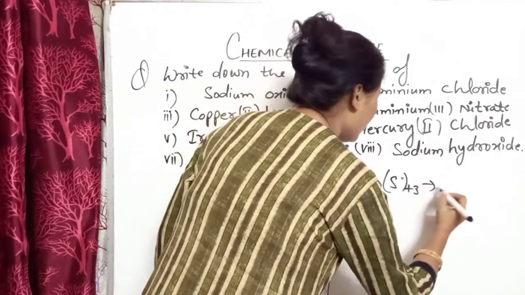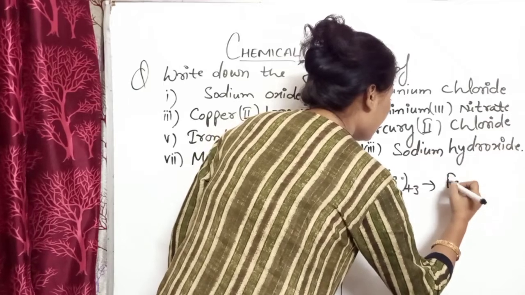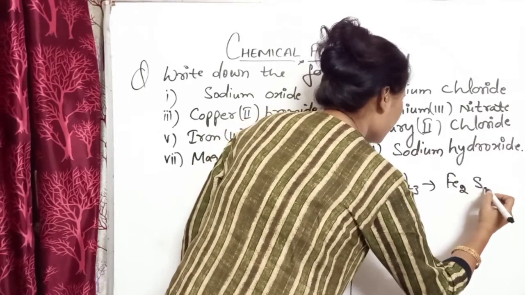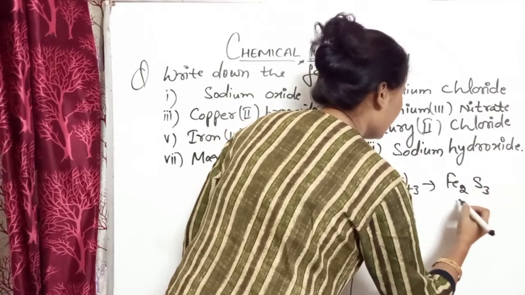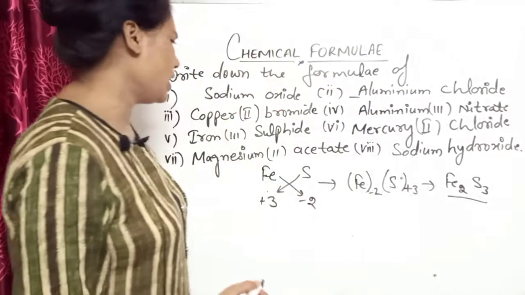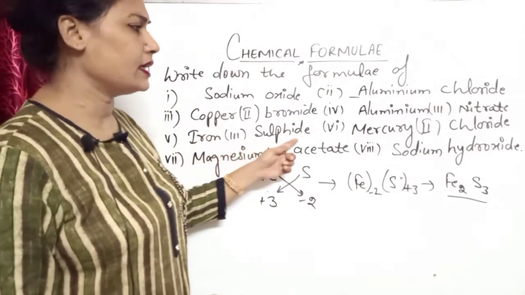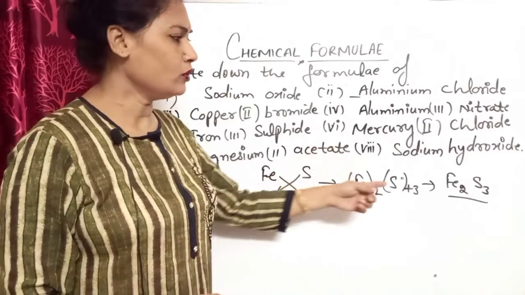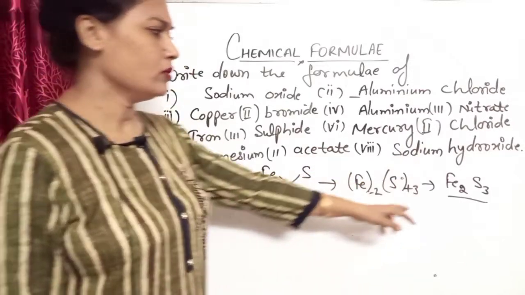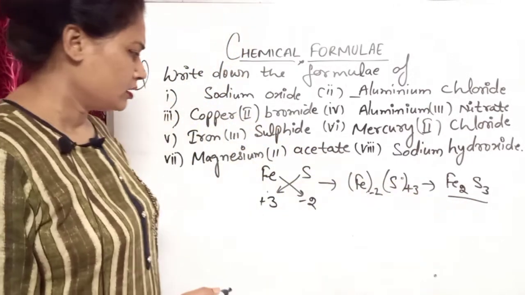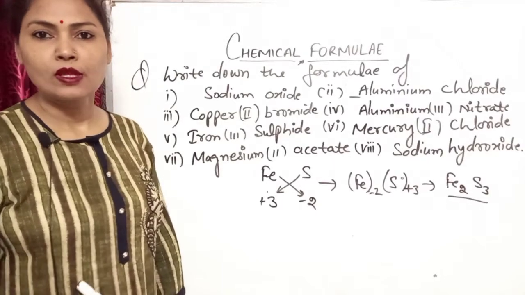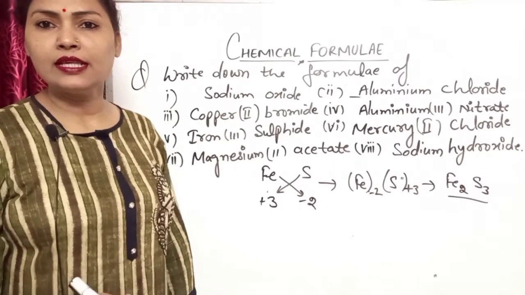Now the formula is Fe2S3. So this is the formula of iron(III) sulfide, Fe2S3. Got it.